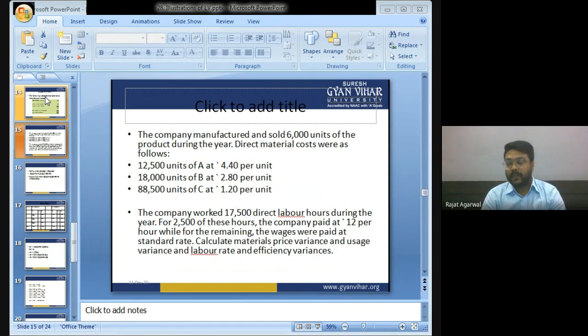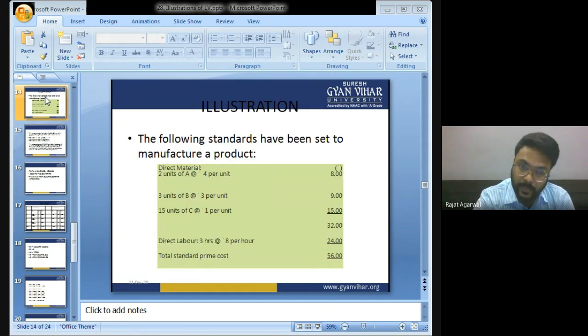So the company worked for 17,500 direct labor hours, and out of the 17,500 hours, 2,500 hours were paid at the rate of 12 per hour, while the remaining 15,000 hours were paid at the rate of 8 per hour.